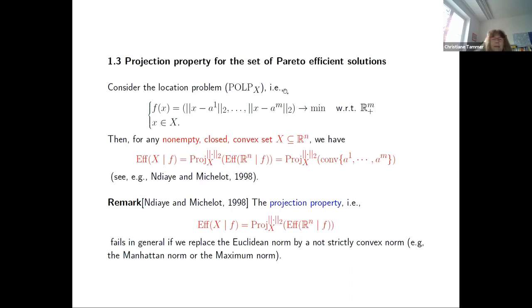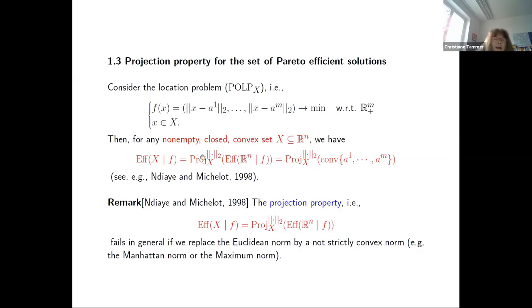So, for this simple multi-objective location problem, where the Euclidean norm is involved, and under the assumption that the feasible set is a non-empty closed and convex set, Nguyen and Michelot derived this approach to compute the whole set of Pareto efficient solutions of the constrained problem by using the set of Pareto efficient solutions of the unconstrained problem.